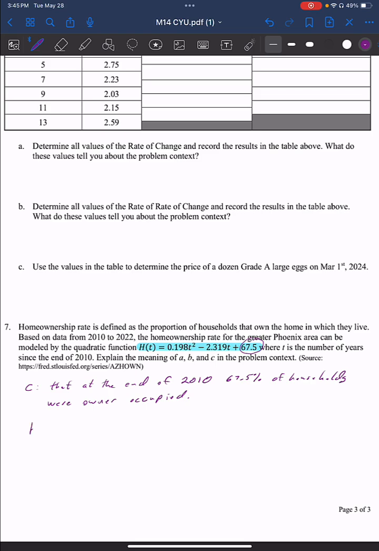If we look now at B, B is the instantaneous rate of change at the vertical intercept.